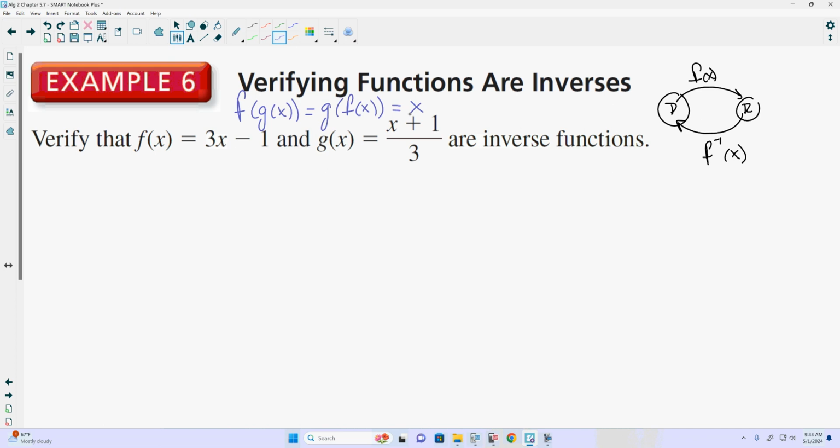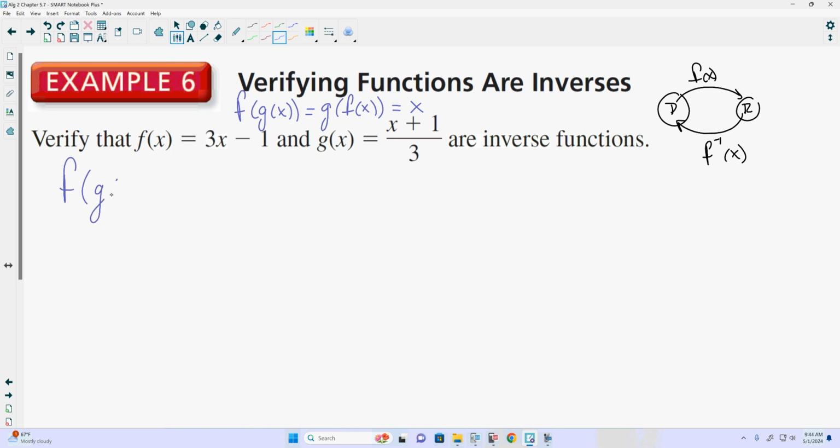Because if f of x takes 4 to 7, its inverse should take 7 back to 4, yes? And the composition function, so if I plugged 4 into g of x and got 7, and then I plugged 7 into f of x and got back to 4, they are indeed inverses. One takes us back to the other.